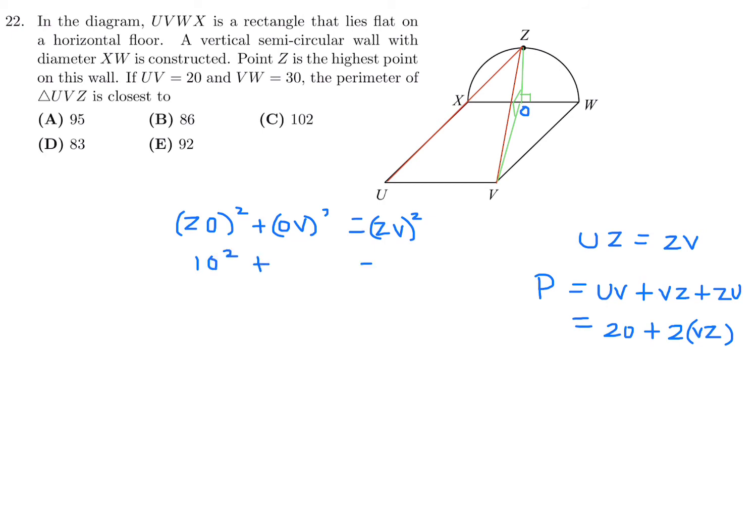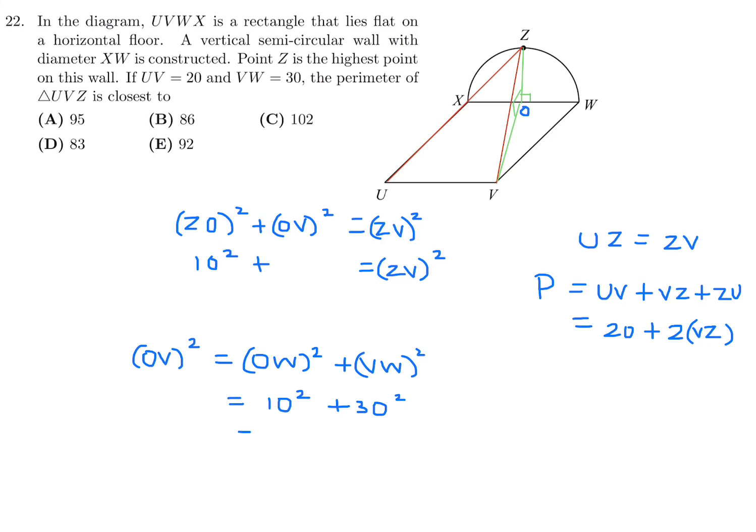OV, however, I don't know, so I have to figure that out separately. No problem. I can just use this relationship right here, this triangle. OV squared is equal to OW squared plus VW squared. OW squared is 10 squared, and VW, that's 30 squared.